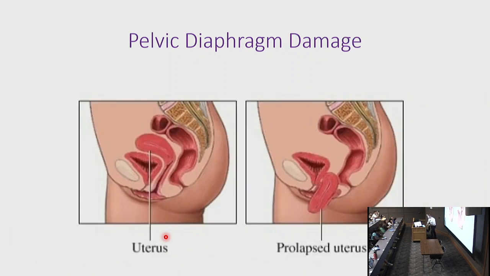Okay, so one of the things that can happen when you have damage to your pelvic diaphragm, which is supporting the pelvic viscera, maybe during childbirth, is prolapse. That's when those pelvic viscera fall through the floor of the pelvic diaphragm. So again, what were the muscles of the pelvic diaphragm? Levator ani and coccygeus, and levator ani has those different components.